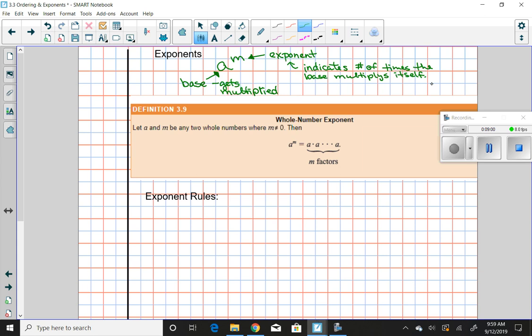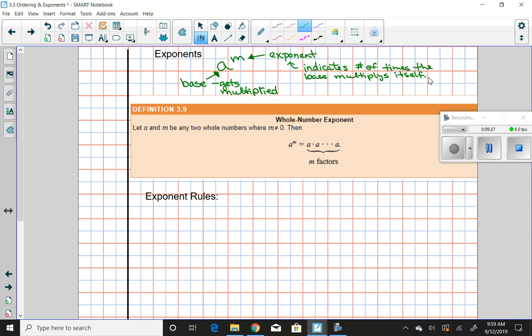That's basically what you need to understand, and I will be talking about bases and exponents, so make sure you understand those vocabs. So based on the definition, let A and M be any two whole numbers. This is working for whole numbers. We're not going to deal with fractions. That's high school. Where M does not equal 0. So we're referring to M being an actual number other than 0.